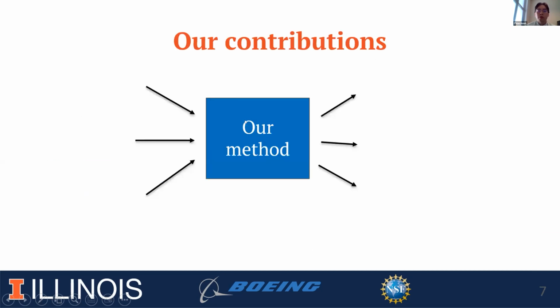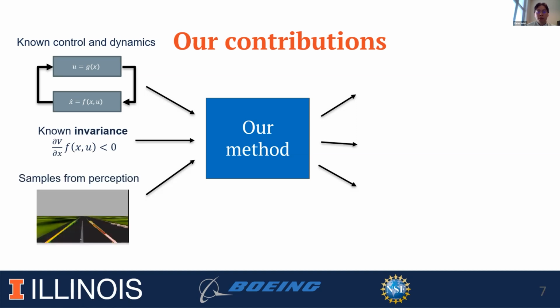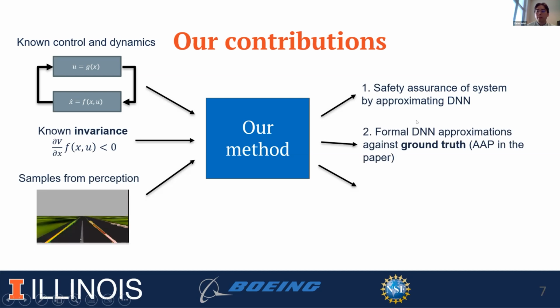So the contribution of this work is as follows. First, we take the control and the dynamics of the system, and the known invariance for the system, and we sample from the perception components. We can provide the safety assurance of the end-to-end system by approximating the DNN plus the camera.